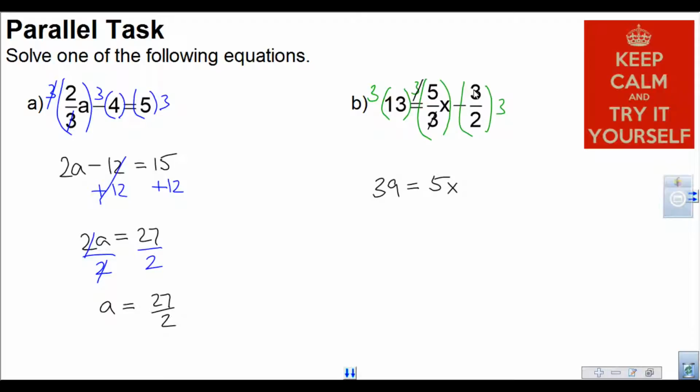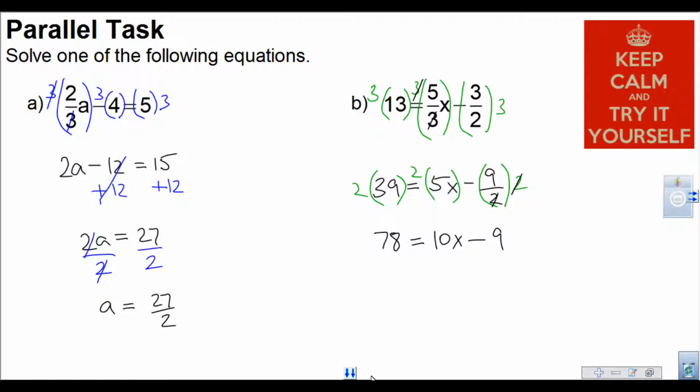So remember, we just multiply the numerator with the whole number, so that'll get us minus 9 over 2. So we've got one more fraction, so we're going to get rid of that one. I see it's a 2 on the bottom, so I'm going to multiply every term by 2. So 2 times 39 is 78 is equal to 2 times 5x, that's 10x, minus, remember these 2's divide out, so that's just 9.